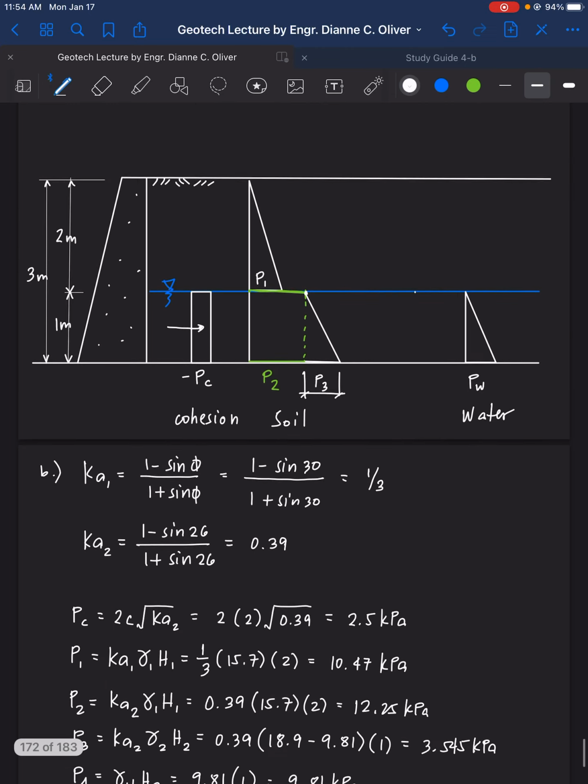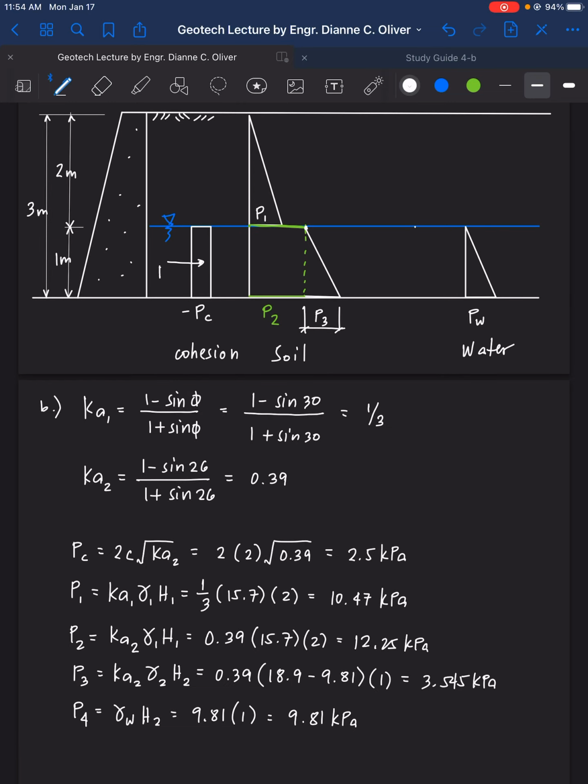Since we are solving for the total forces, this is FC. Let's name this as F1. Then this is F2. And then this is F3. And this is F water.